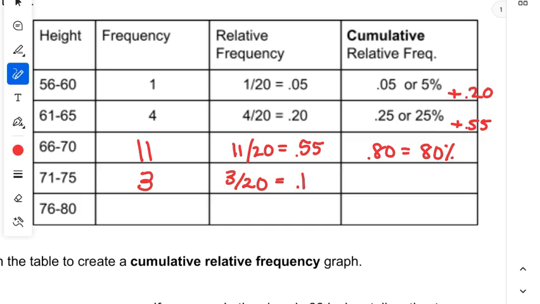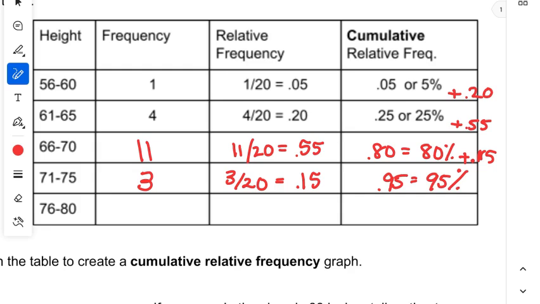Divide on about 15%. Then we would add the previous, or add the new, sorry, 0.15. So that'd be 0.95 or 95%.